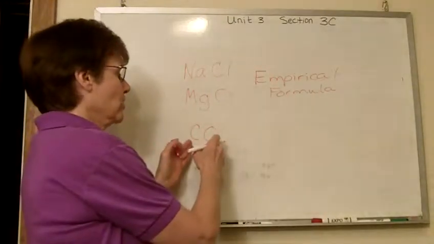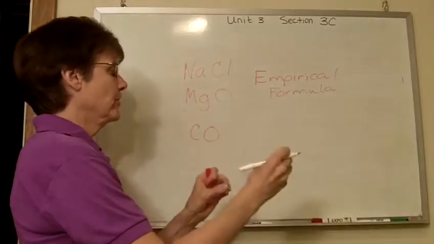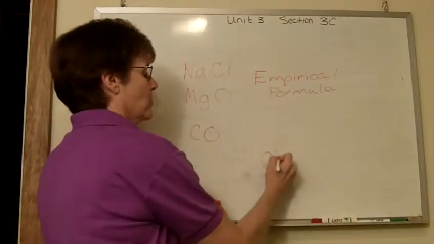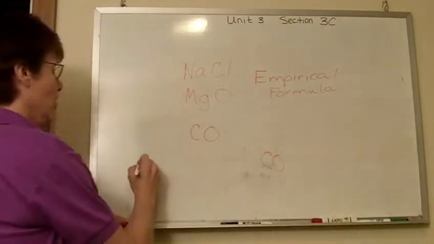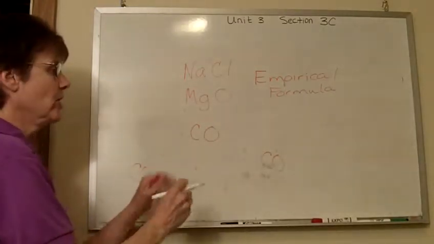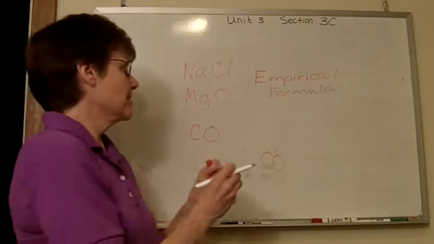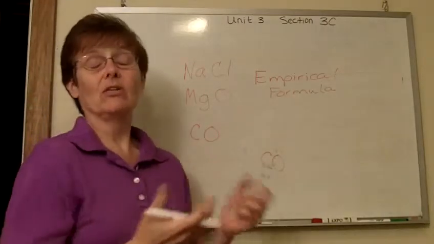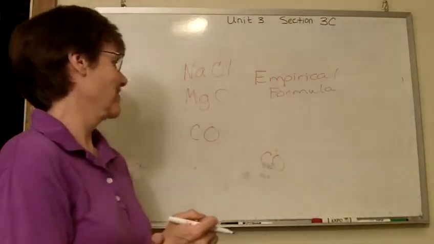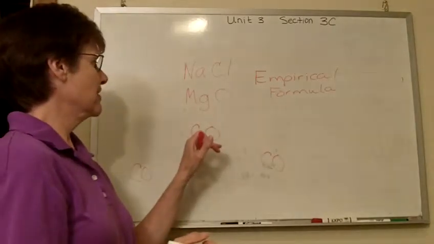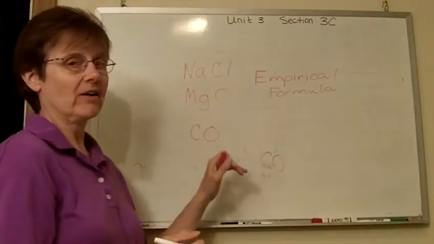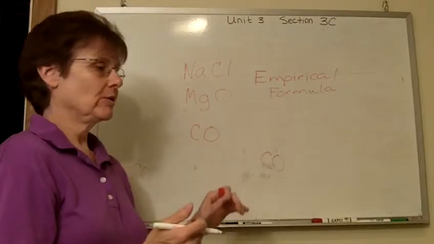So this molecule will be separate from another carbon monoxide molecule that might be over here, and another one that might be over here, and that's a gas, and they're going to be all over the place. And those are not necessarily stuck together, particularly if they're gases. But this tells us the exact number of atoms that are in the molecule.